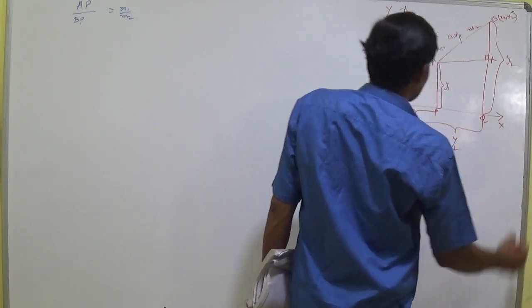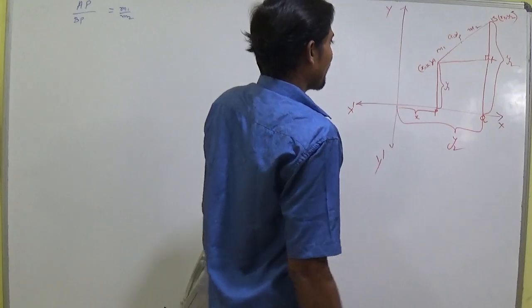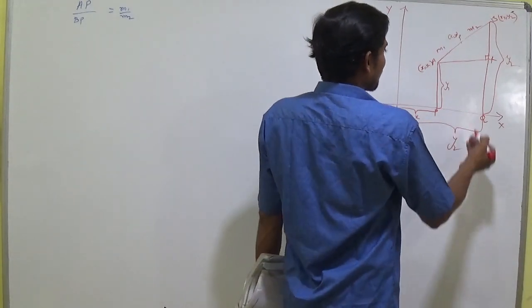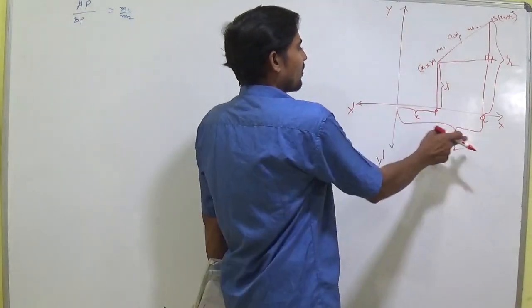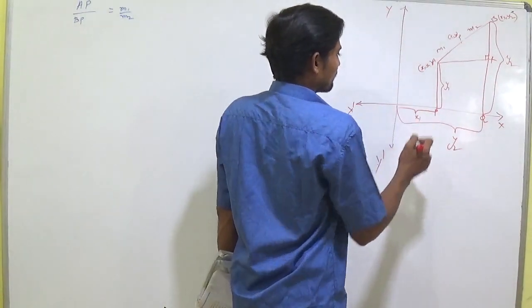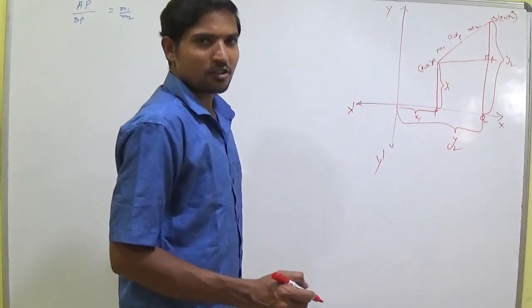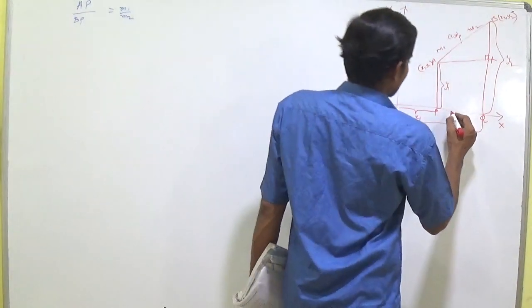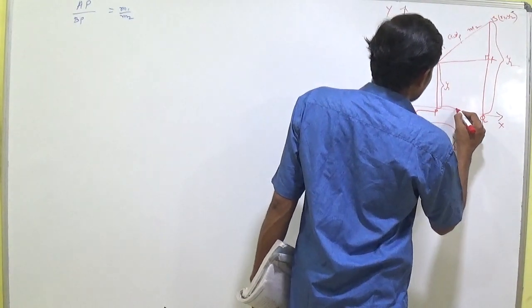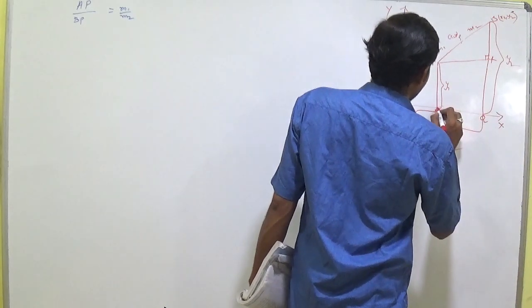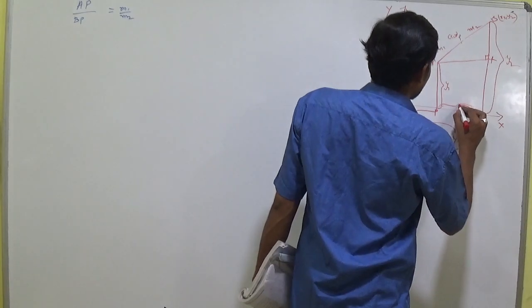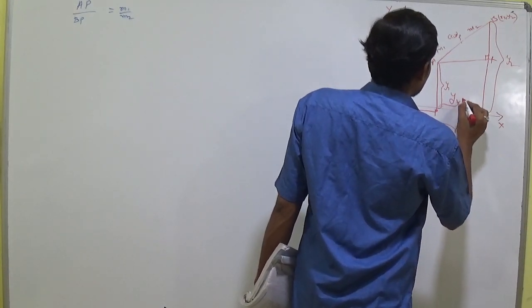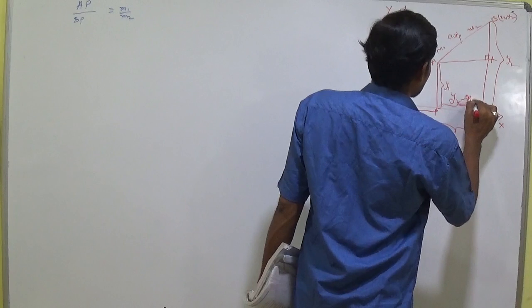If I want the distance between P and Q, it is x2 minus x1.